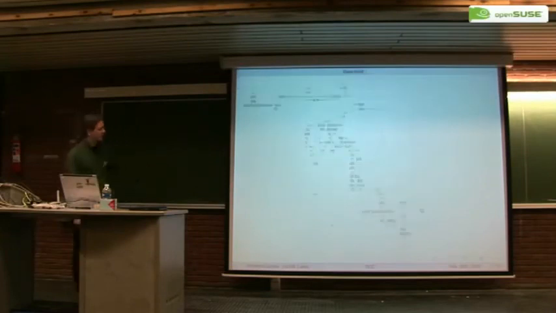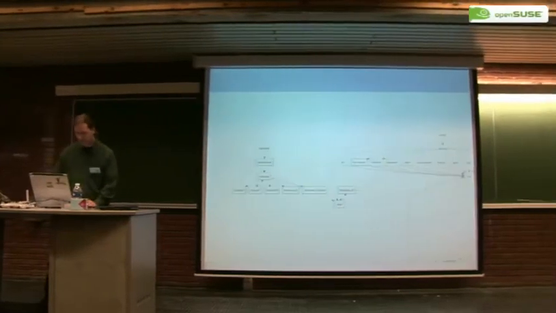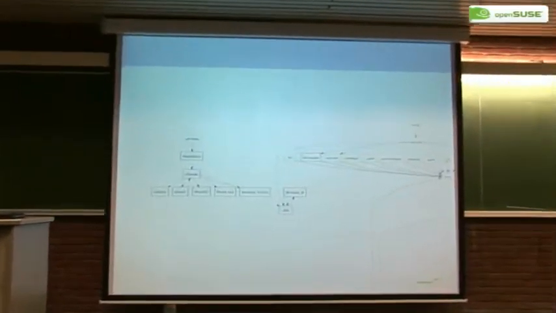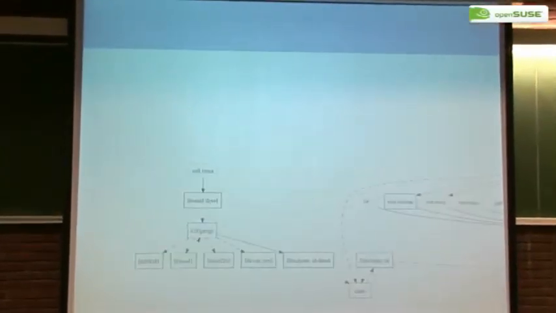So this is actually the build dependency graph of this base system, and I can zoom in a little bit so that you can read it. Can I actually read it? I can zoom in more. Okay.